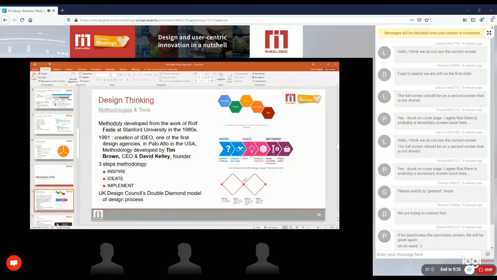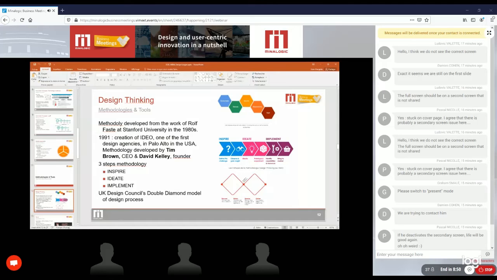The first one is to inspire. It is linked to the birth of ideas or concepts and to understanding the environment and the customer, to be able to enter the second phase, which is the ideate step, in which you enter a more concrete phase by formalizing ideas and prototyping and experimenting with these ideas.